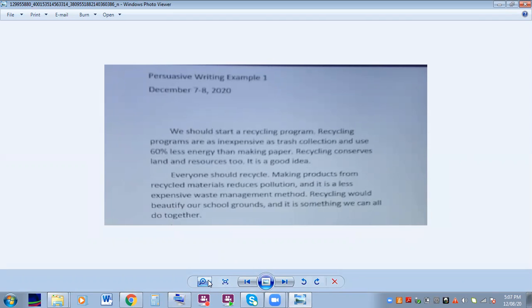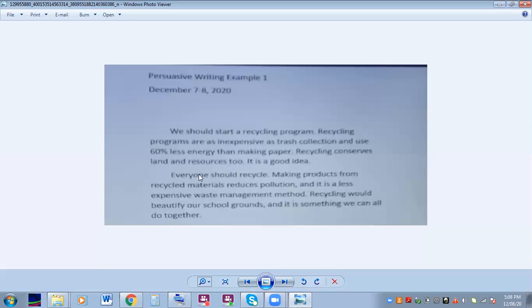And we combined some sentences to make our writing a little bit more interesting. So as we said, we started with the lead, we should start a recycling program. Then we listed 1, 2, 3 reasons why we thought that we should do the recycling program, and we ended with our opinion that it is a good idea.